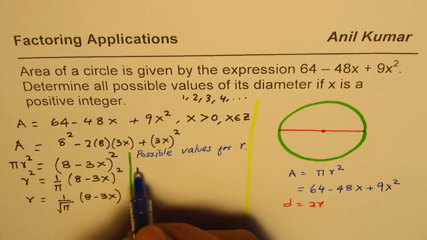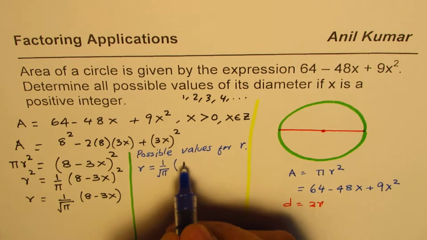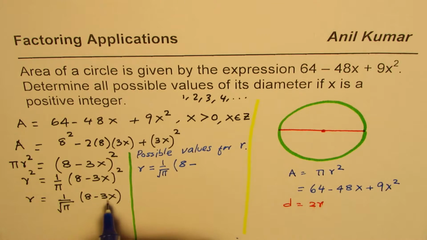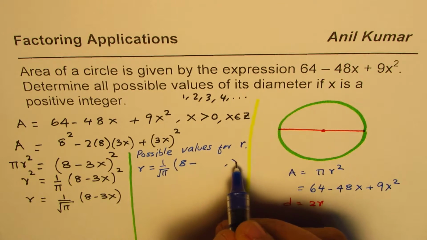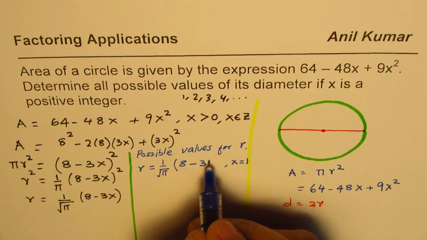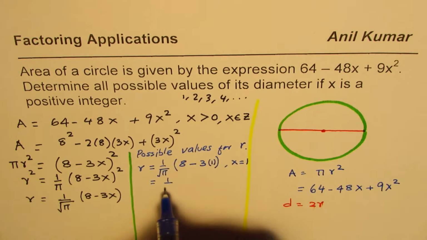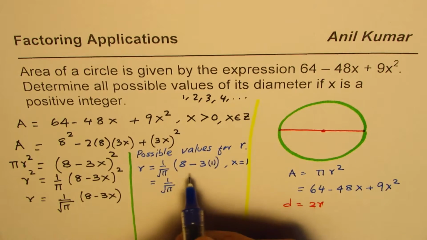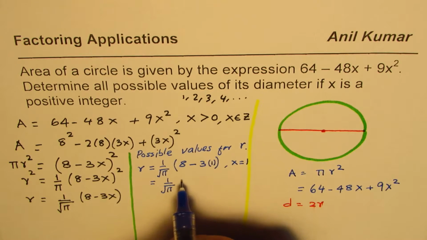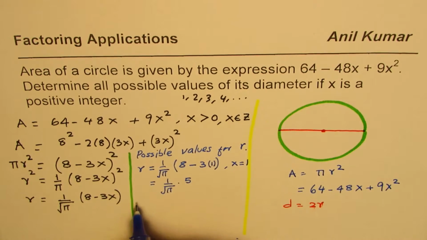Since r is equal to 1 over square root of pi times 8 minus 3x, let me write x as equal to 1 first. In that case, it will be 8 minus 3 times 1. So this value will give us 1 over square root of pi. 8 minus 3 is 5, so it gives you times 5. This is for x equals 1.